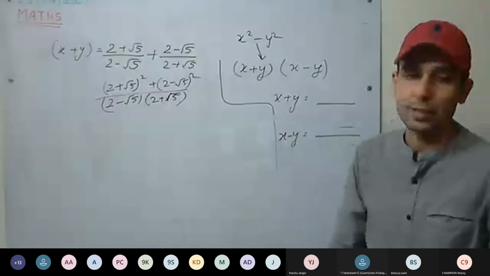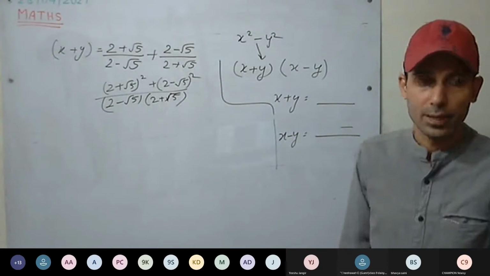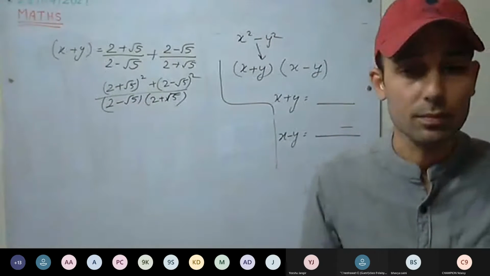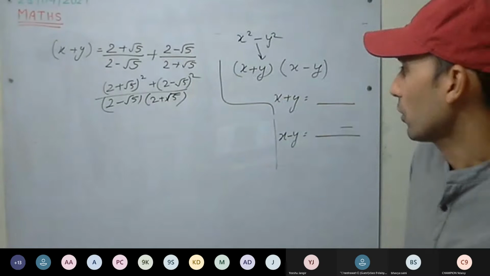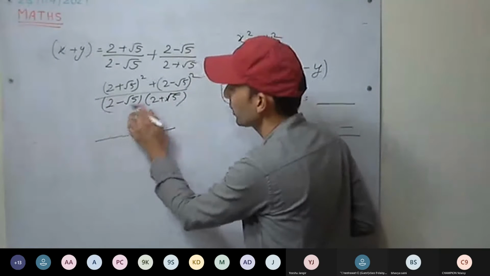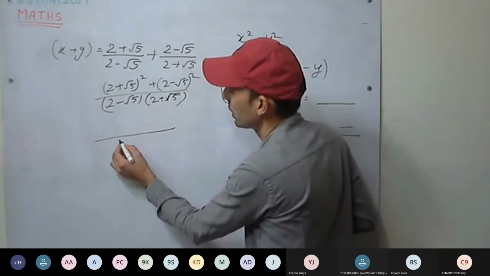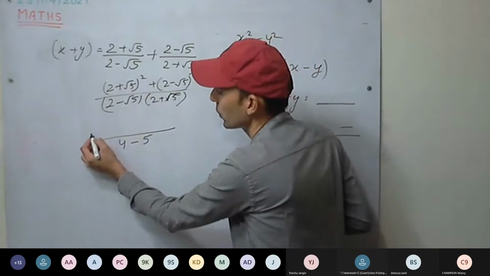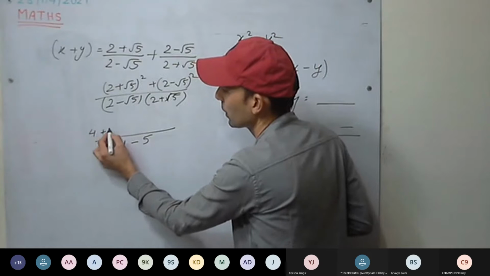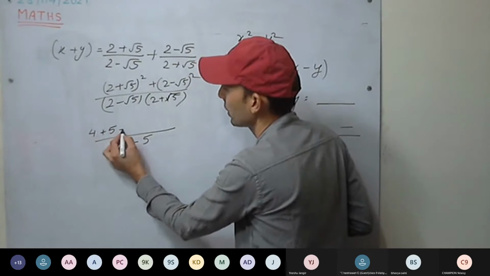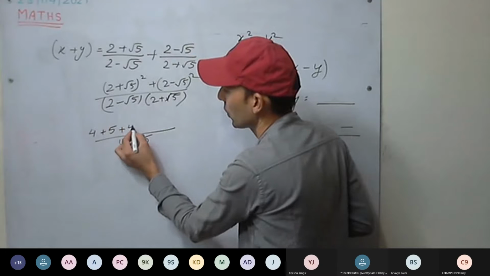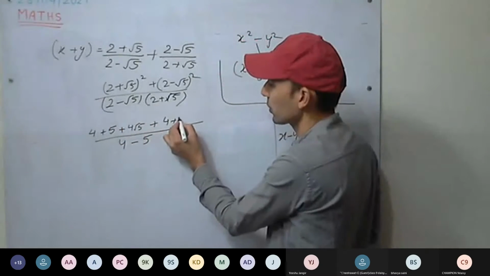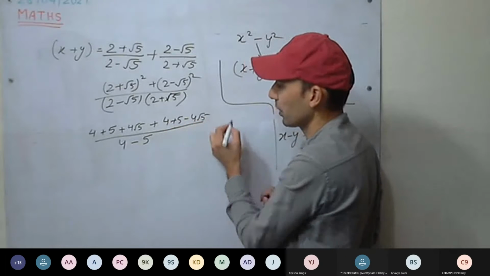What is the value of x plus y? Anyone in class who has solved? Solve it fast. The denominator will be 4 minus 5. In the numerator, 2 square: 4 plus 5 plus 4 root 5, plus 4 plus 5 minus 4 root 5.